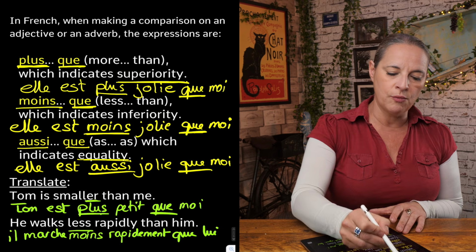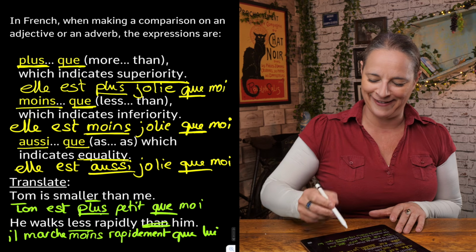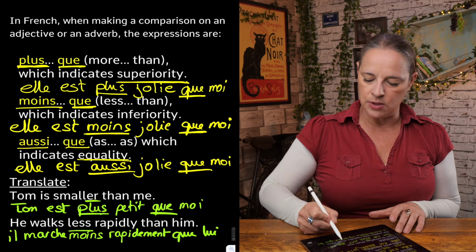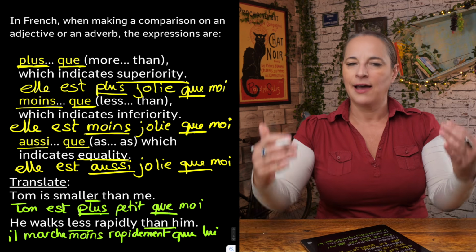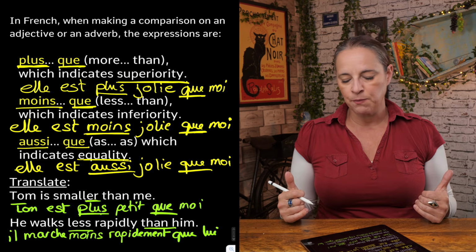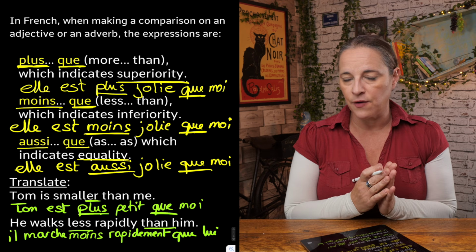Il marche moins rapidement que lui. So here we've got a comparative of inferiority, okay? So we can use it with an adjective, we can use it with an adverb as well.